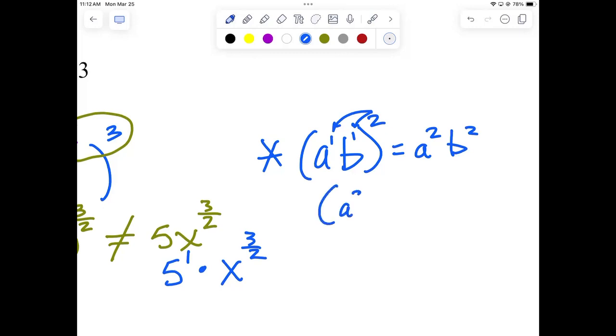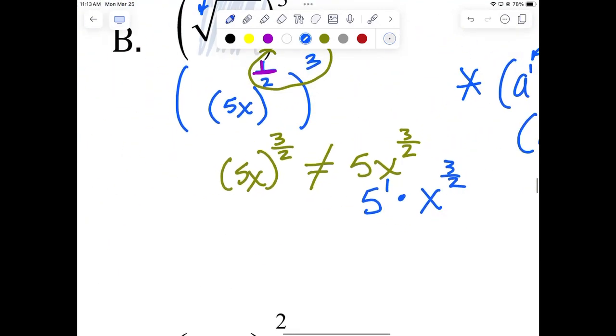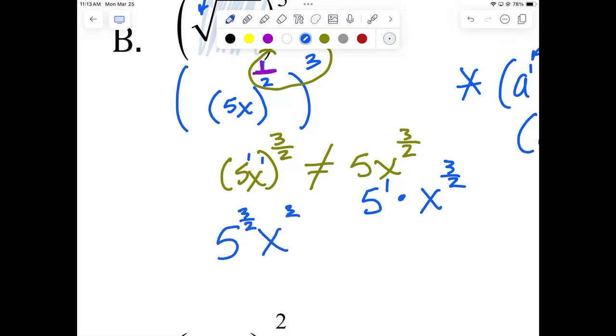If I had a squared b cubed to the 2nd power, that would be a to the 4th, b to the 6th. I essentially distribute the exponent. Well, this is 5 to the 1st, x to the 1st, so this is 5 to the 3/2, x to the 3/2. That's what it's equal to. So you need the parentheses there unless you're going to distribute that exponent to both of them.